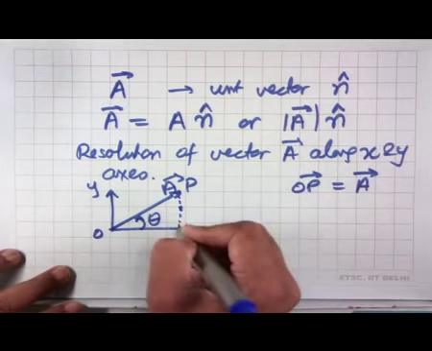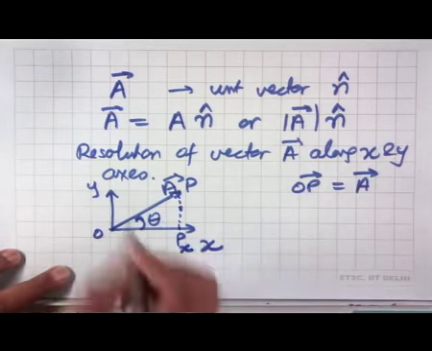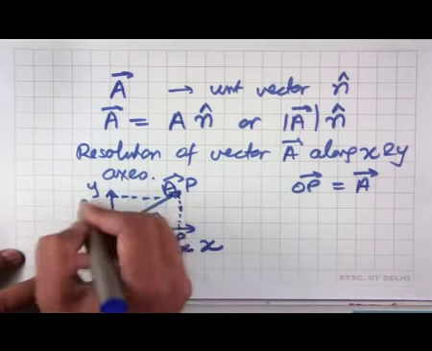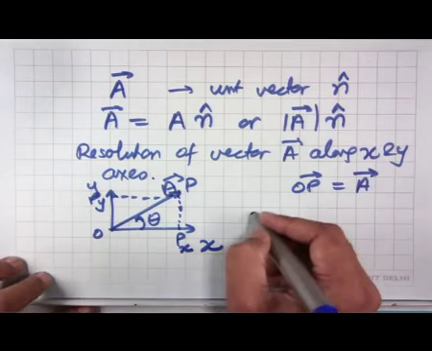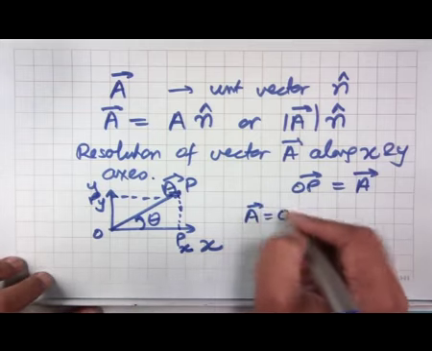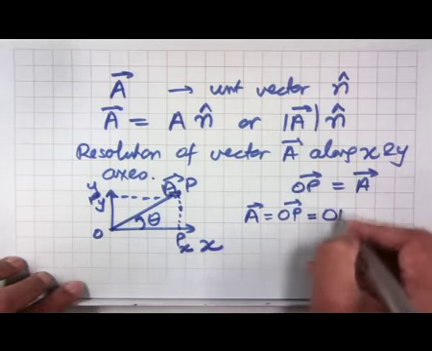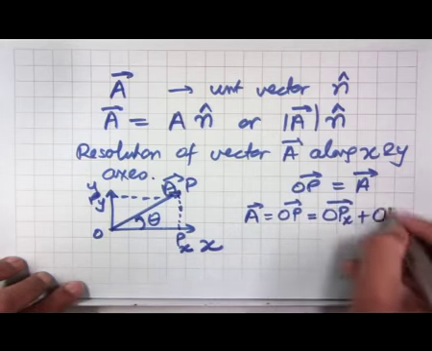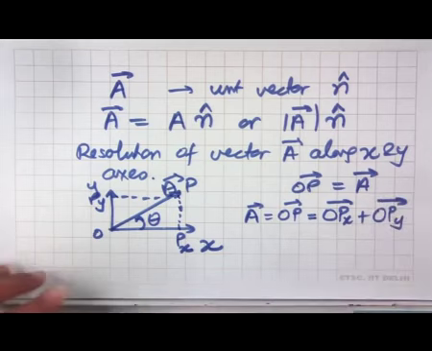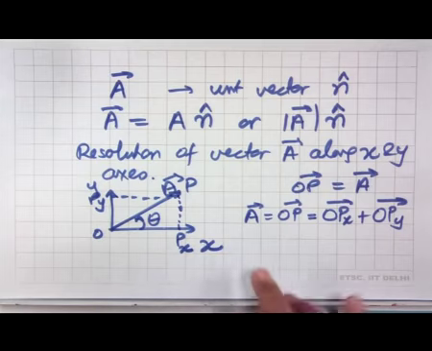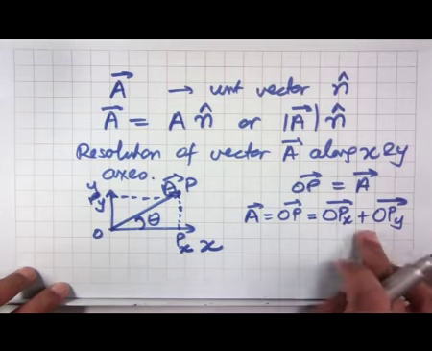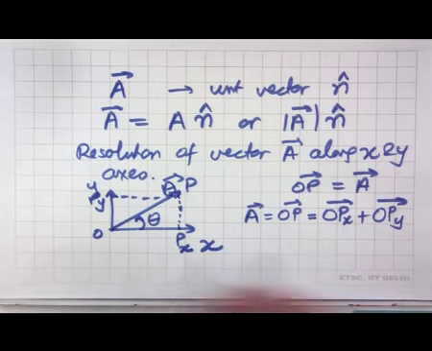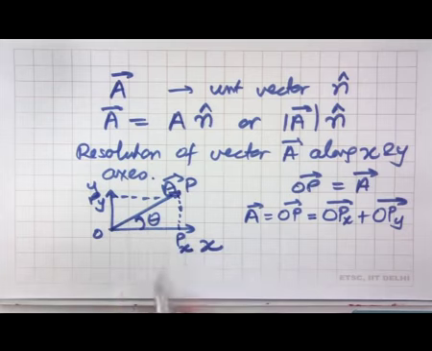So, now if I drop a perpendicular from here, let this point be Px, and I drop a perpendicular on the y axis, let this be point Py. Then it is very clear that vector A is equal to OP, which is OPx plus OPy, where Px and Py are the points on the x and y axis.